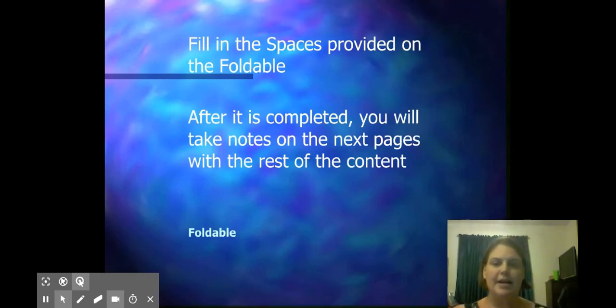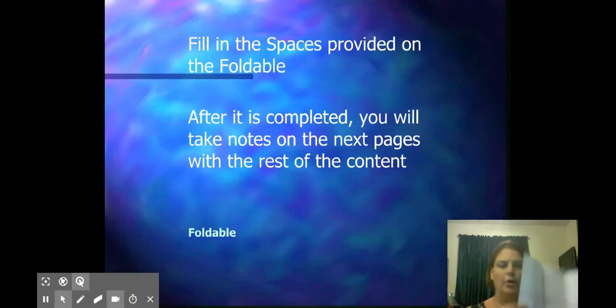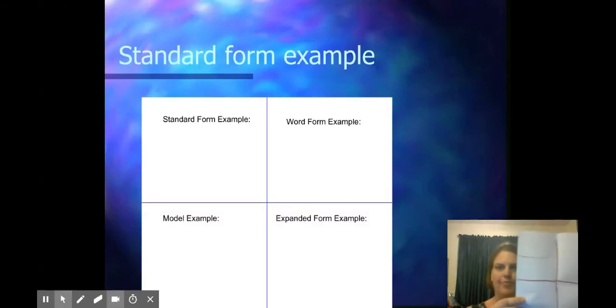You're going to take your foldable and we're going to work on the inside. We're going to have a new number and it will be labeled on your foldable as such: standard form, word form, model, and expanded form. And we're going to fill in each section as we go.